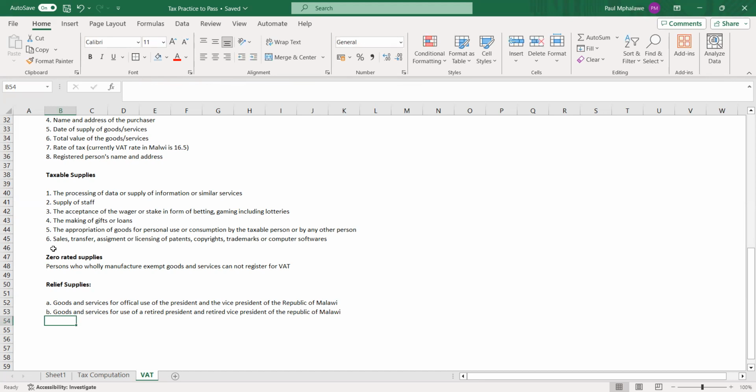So those are given a relief from charging of VAT.